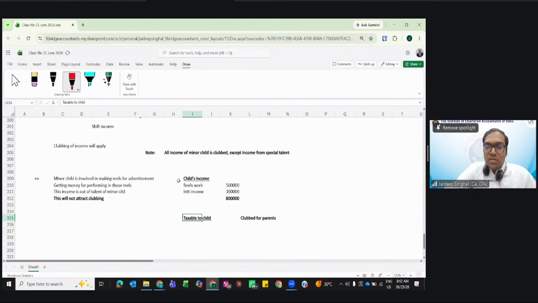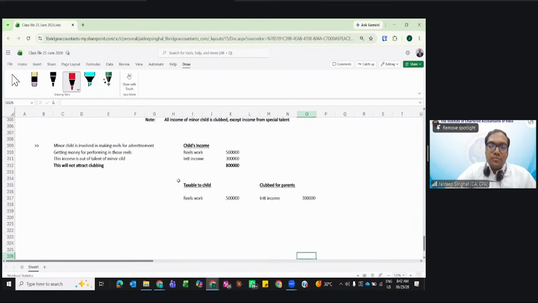For the reels work, 5 lakhs will be taxable to the child, and the interest income of 3 lakhs will be clubbed. Clear?